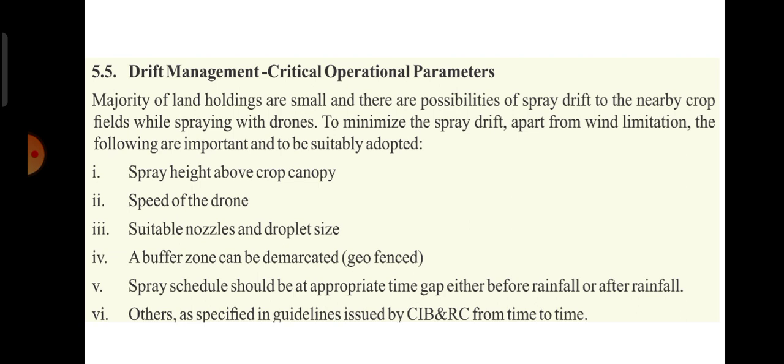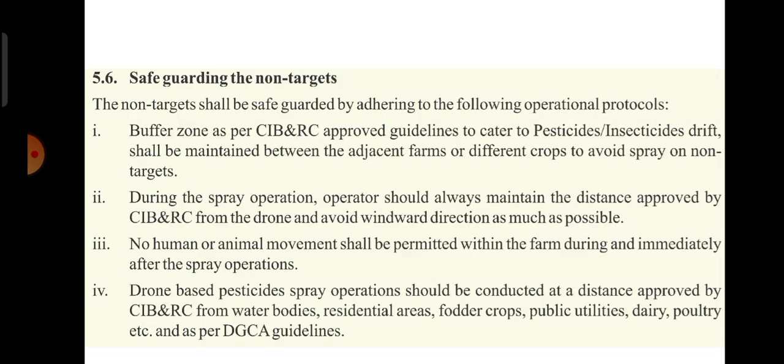A buffer zone can be demarcated. Spray schedule should be at appropriate time gap, either before rainfall or after rainfall. Others as specified guidelines of CIB and RC from time to time. Based on the situations and conditions, they will give the operation protocols timely, which means it will be changing.